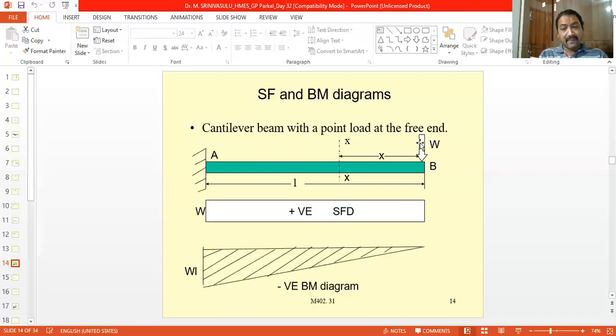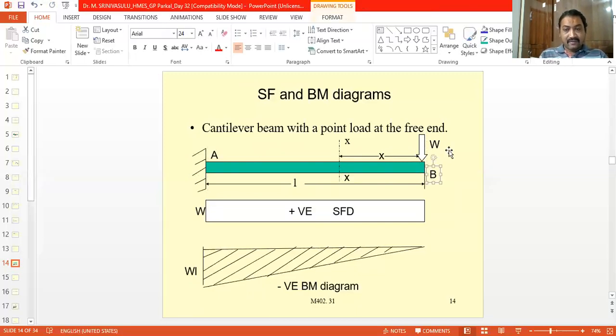That moment is equal to W into x, and that moment will try to rotate. So if we assume the beam is fixed at this point, it will try to rotate in the clockwise direction.